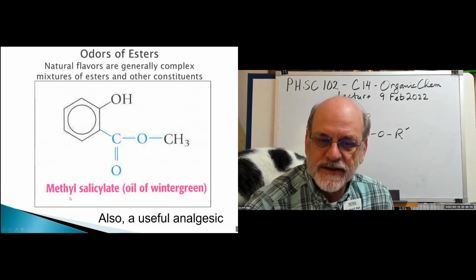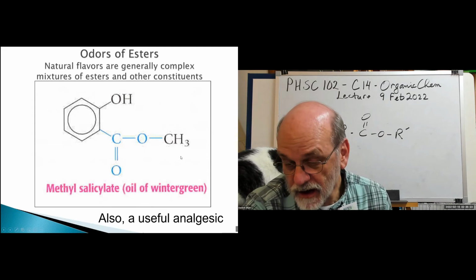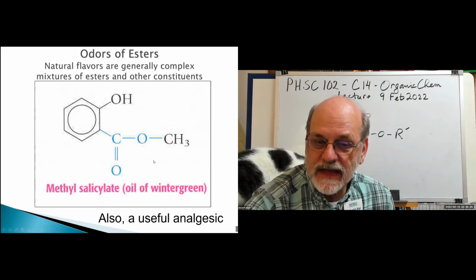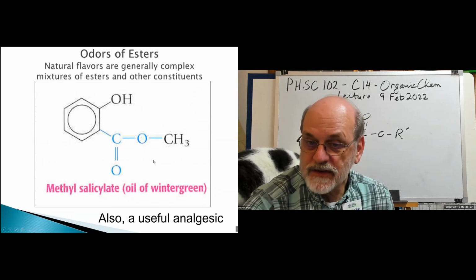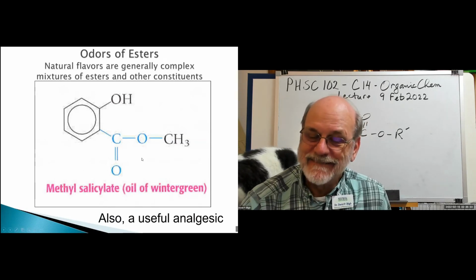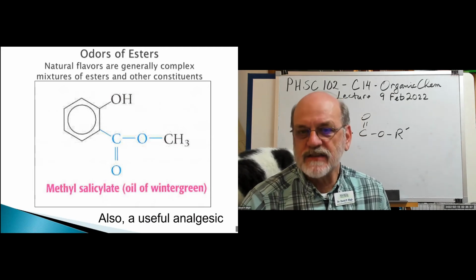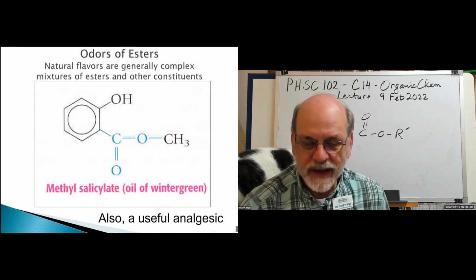It's called methyl salicylate. So the methyl group is here, and the salicylic acid from which it's derived is this group. It's a painkiller. All the salicylates are natural painkillers.